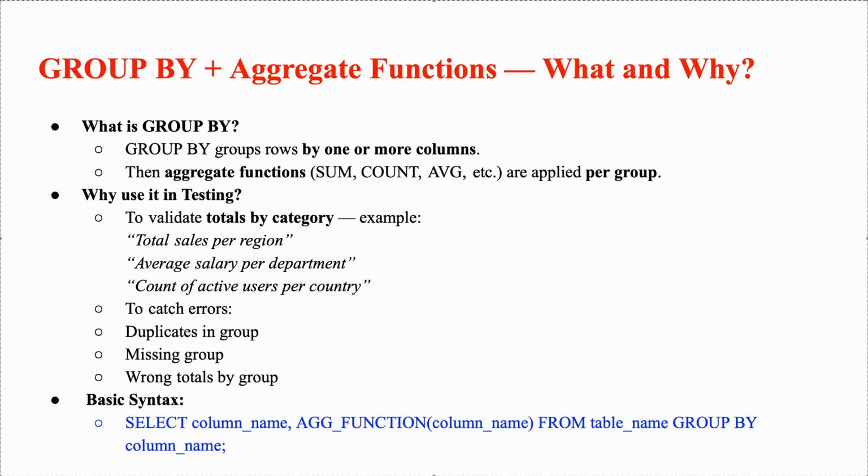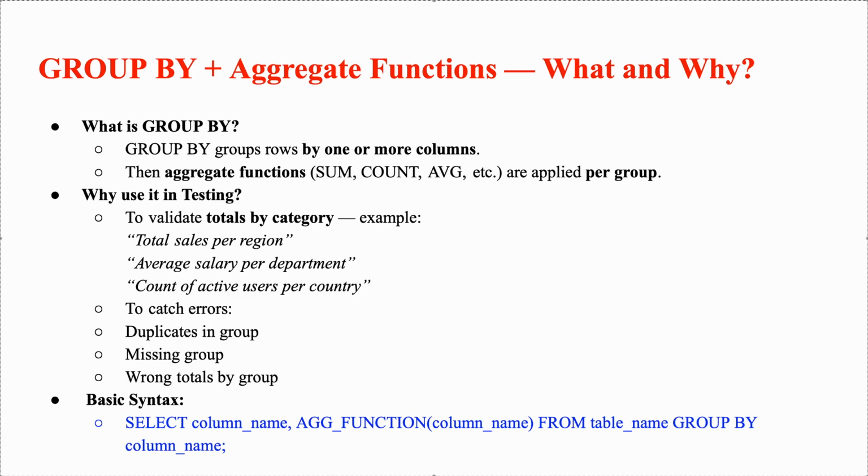Now, let's talk about group by, one of the most powerful tools when working with aggregate functions. When we use group by, we are telling the database to organize the data into groups based on one or more columns like region or department. Then we can apply aggregate functions like sum, count, or average, but now it's done for each group.